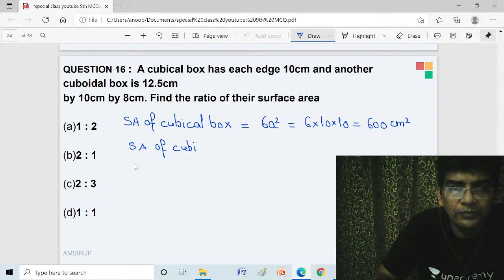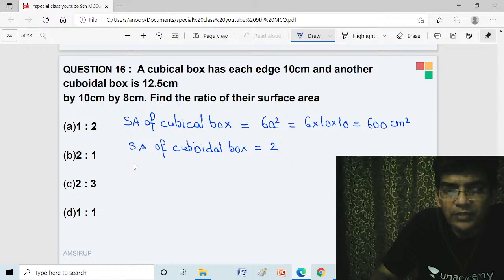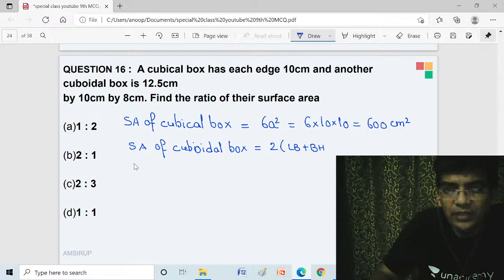So formula for that will be twice length into breadth plus breadth into height plus height into length. This will be the formula for the surface area of a cuboidal box. So let's substitute the values here. Length into breadth.